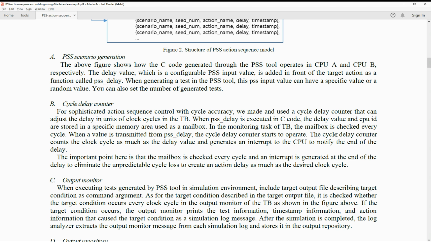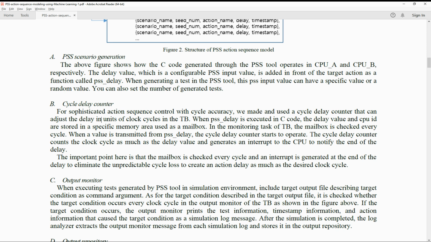The cycle delay counter counts the clock cycle as much as the delay value and generates an interrupt to the CPU to notify the end of the delay.